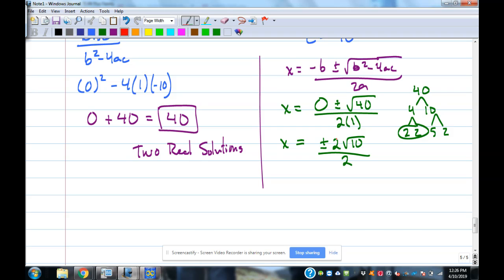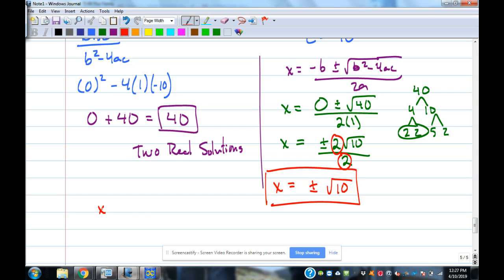Look at these numbers in the front, 2 and 2. They're both positive. They both can be divided by 2, right? So that'd be plus or minus 1 square root of 10. Technically, that's over 1. But that's our answer. Positive and negative square root of 10.